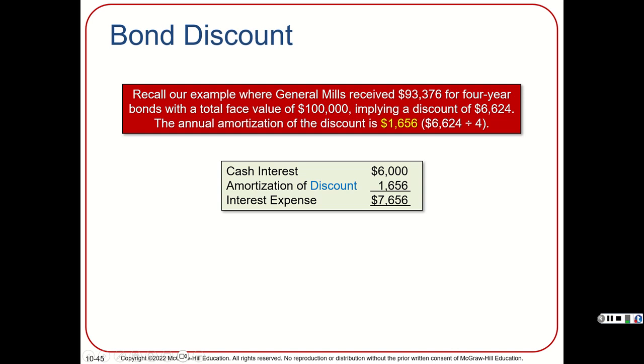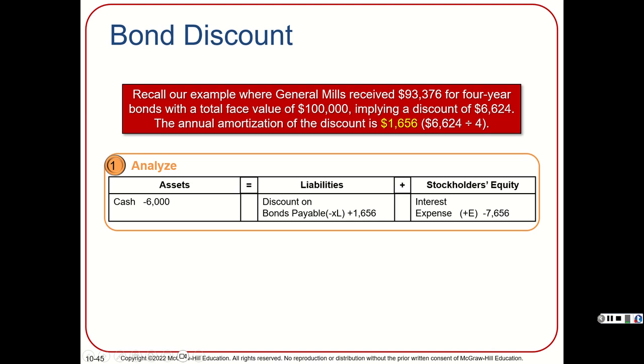However, the amortization of the discount actually increases the interest expense. So we're sending out our $6,000, and we are increasing the discount, and our interest expense increases to $76.56.